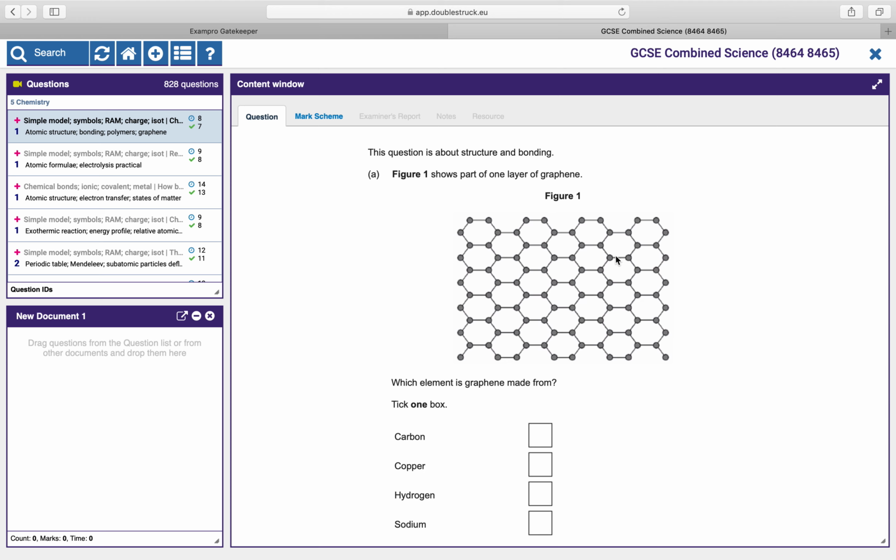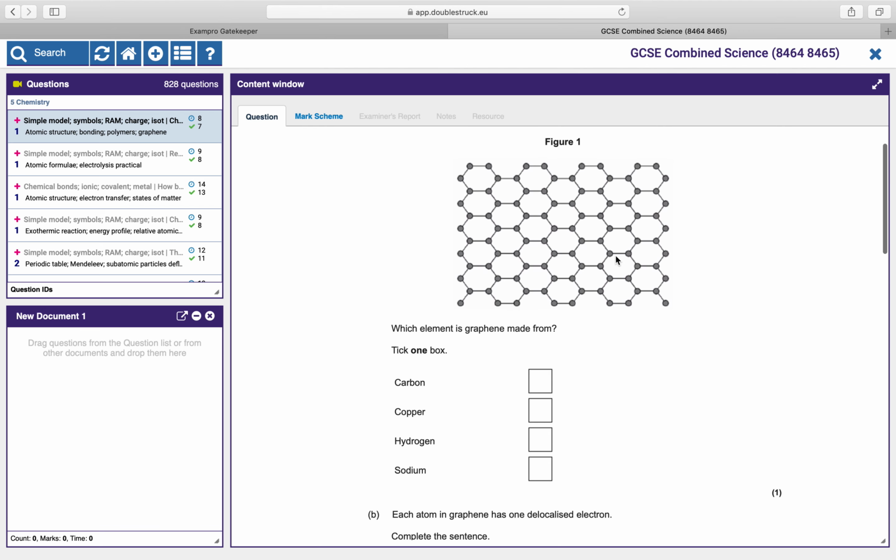But as you know, carbon is in group 4, and that means it should really bond to 4 other carbon atoms. The way it's arranged means that it has this additional electron that's not being used. As these go across layers, the electrons can move, and the layers can slide over each other.